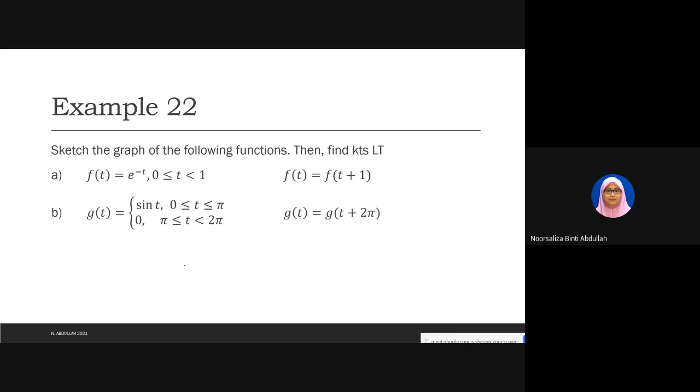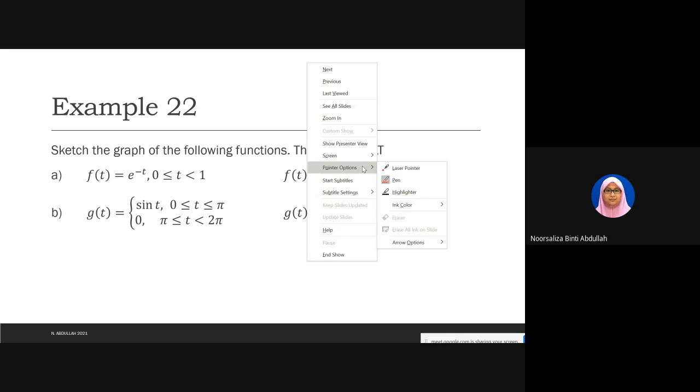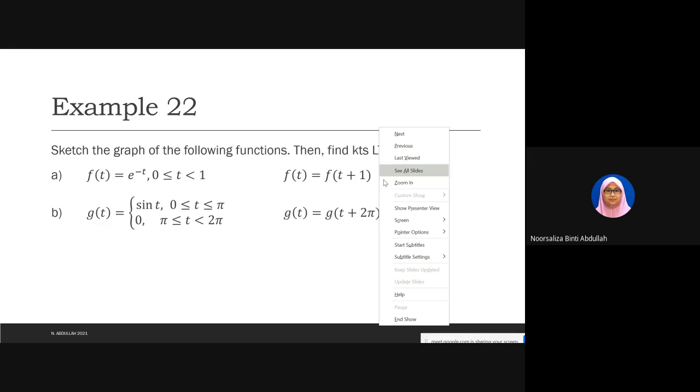So kita tengok example ni. Sketch the graph of the following function and then find the Laplace transform of this function.